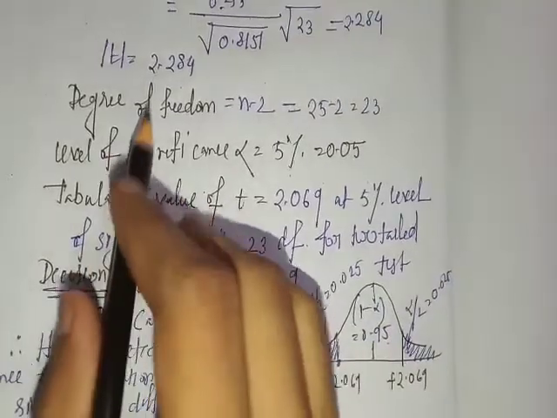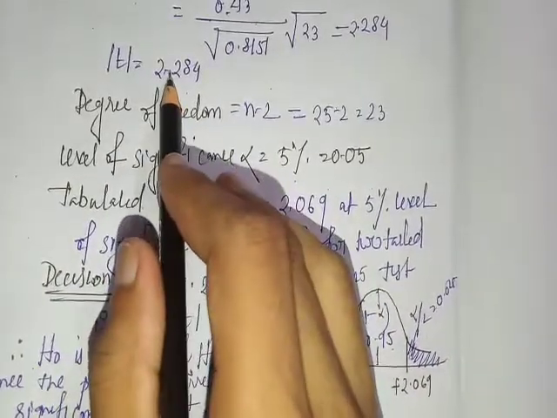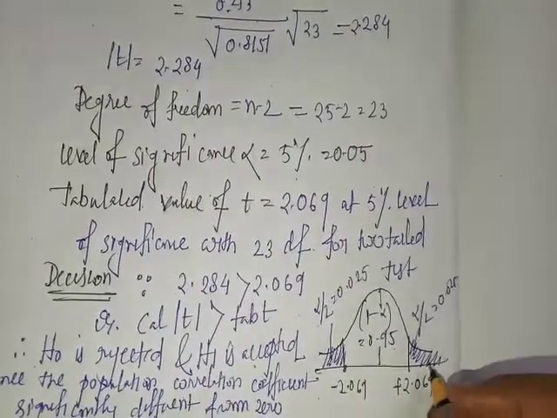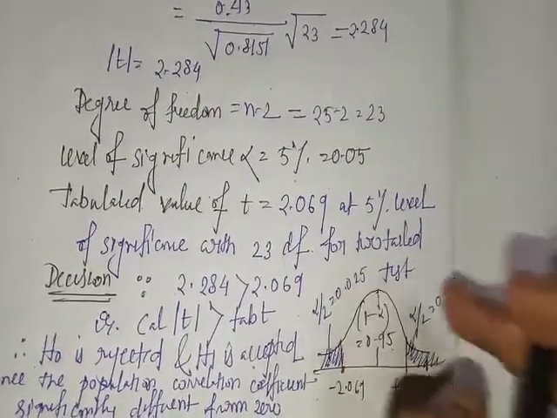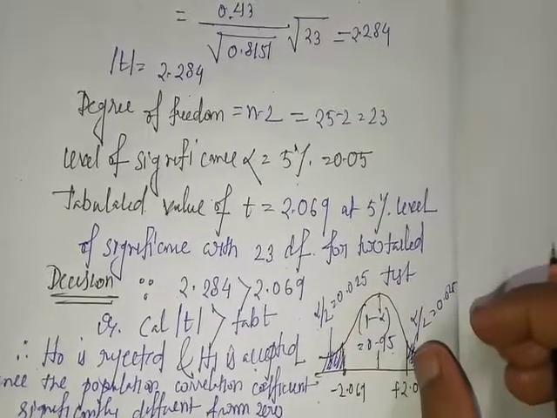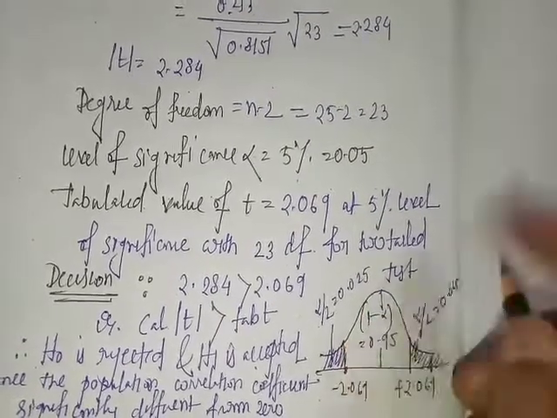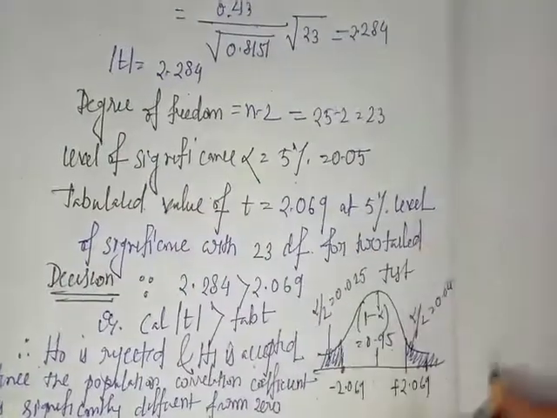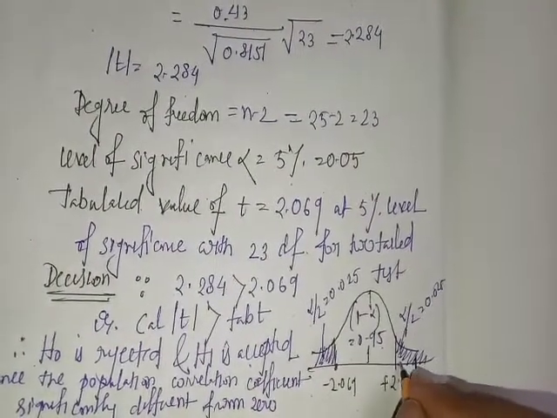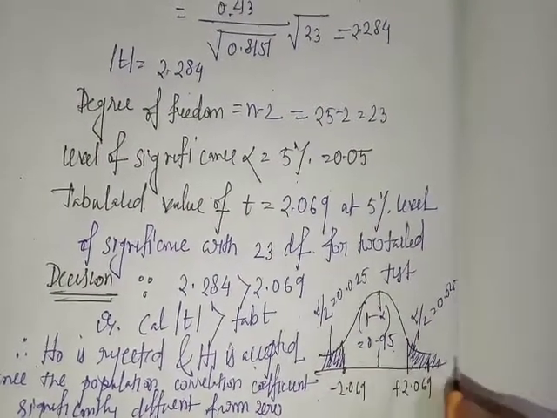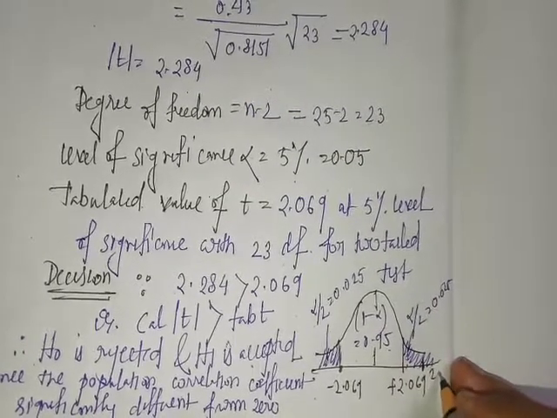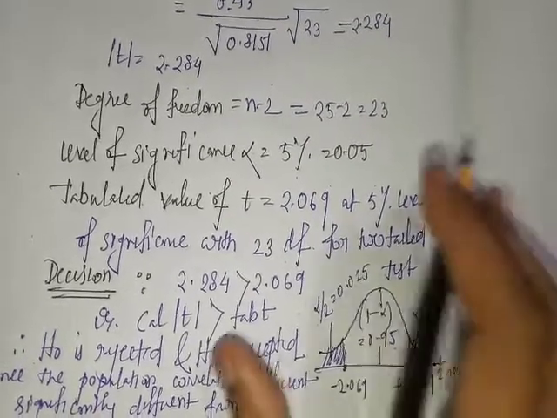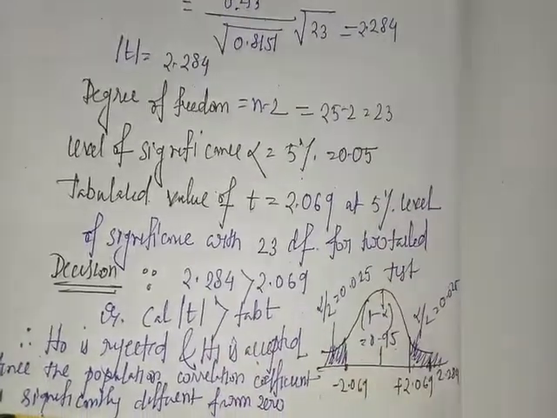Here the calculated value of t is 2.284, which lies in the rejection region, while the middle is the acceptance region. That's why we reject the null hypothesis. Clear?